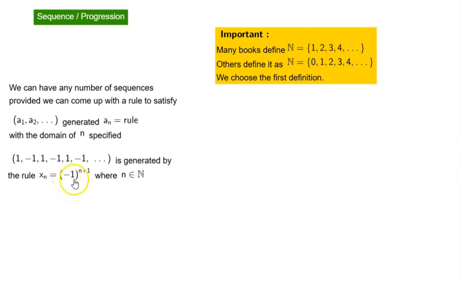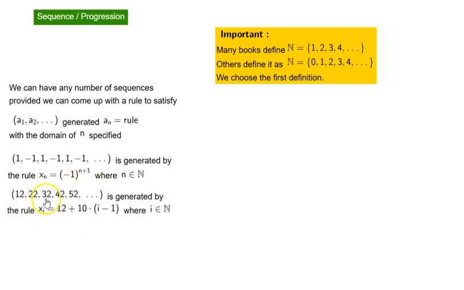So, minus 1 to the power of, for the first term, what is n? n is 1. So we have 1 plus 1. So, minus 1 to the power of 2, which is 1. So that is satisfied. And then just take a few others and you can confirm the rule.